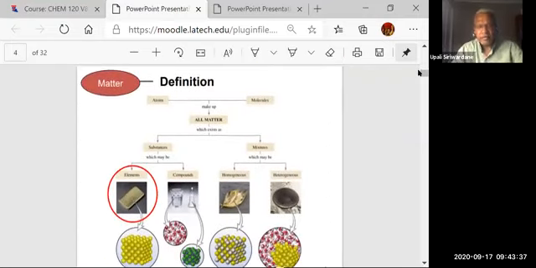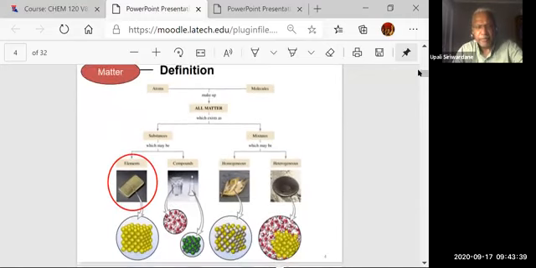Now, this is a review from chapter 1. Matter is made up of atoms and molecules. So that's the atomic view.